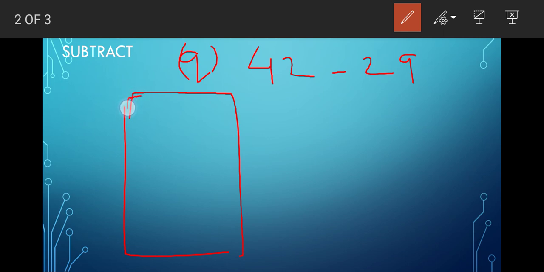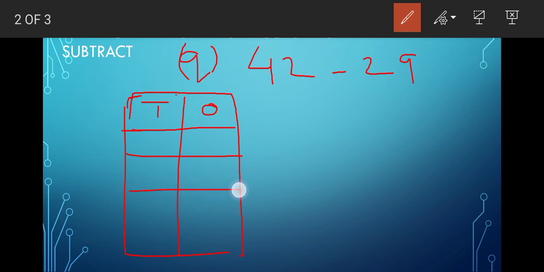You do along with me. Then divide the box into 2 equal parts. Ones, this side is ones, this side is tens. This is for carry. This is to write 42. This is to write the sign and 29.